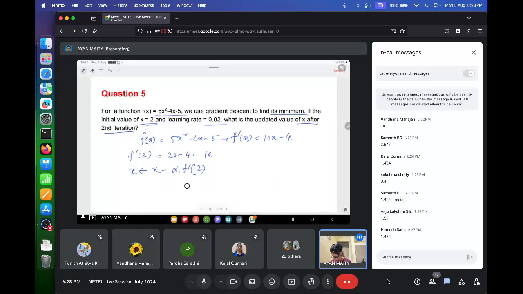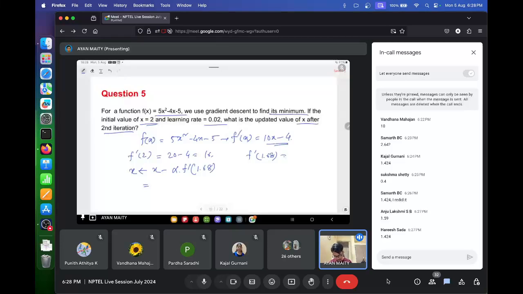Now in the second step, we simply have to replace this initial value of x with the updated value. So for the second iteration, the starting value is 1.68. And f dash 1.68 we can calculate from this formula.